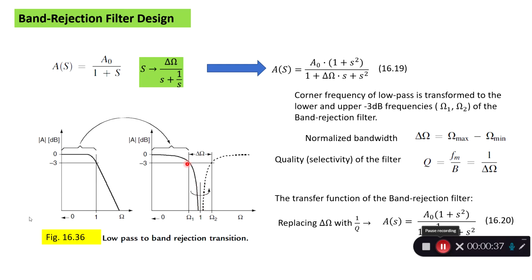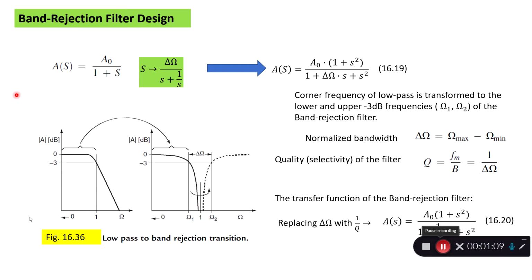Normally it's defined by the -3 dB bandwidth, the normalized bandwidth of the filter, normalized to this one specific frequency that we are interested in getting rid of. That could be the 50 Hz hum we have on all circuits due to the 50 Hz, 230 volt AC wires we have in the housing today. That's just one example.